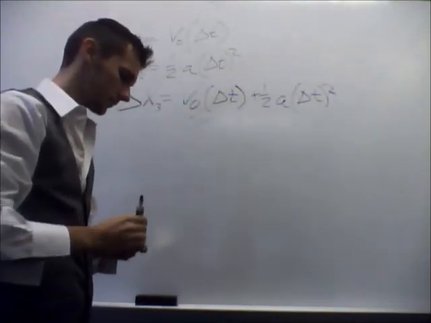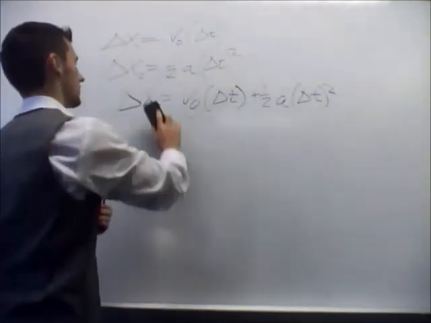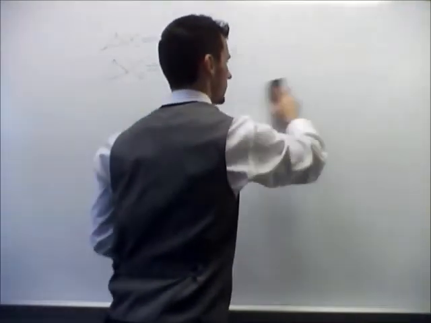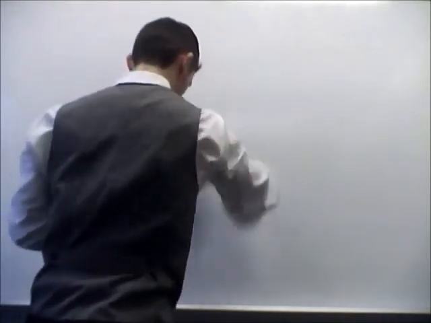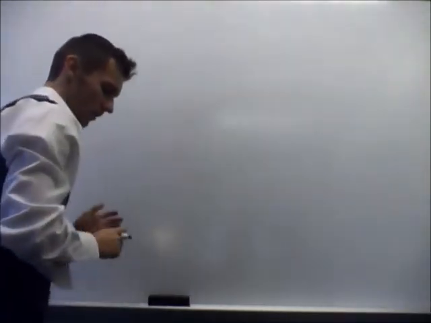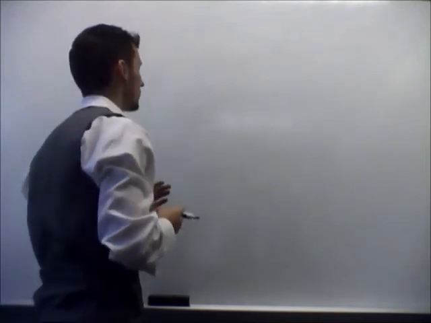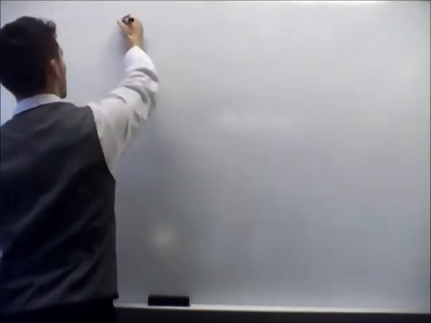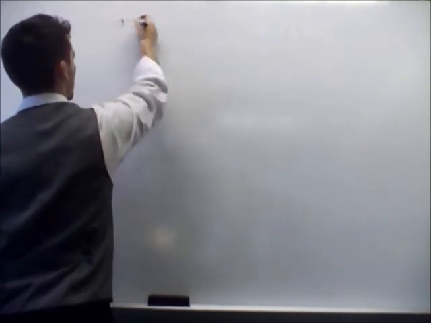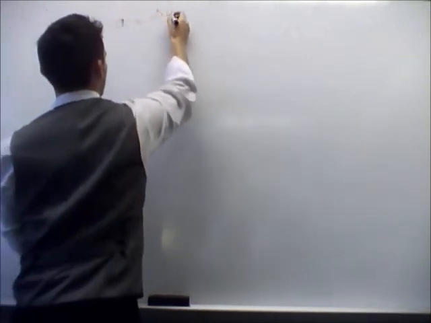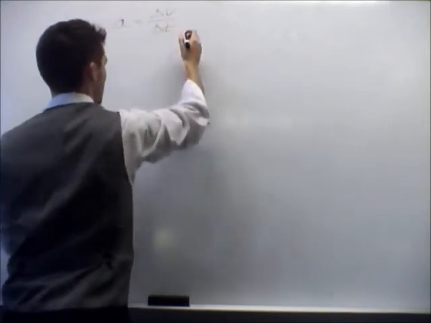And now we're going to be working on the third and final kinematic equation. To do that, we just have to quickly review that acceleration is change in v over change in time.